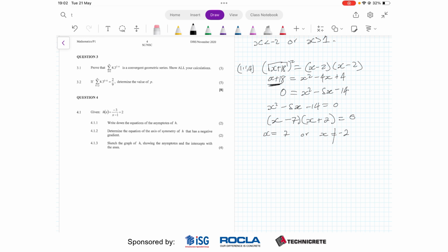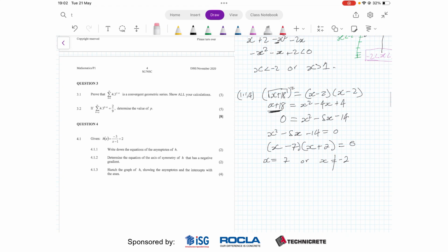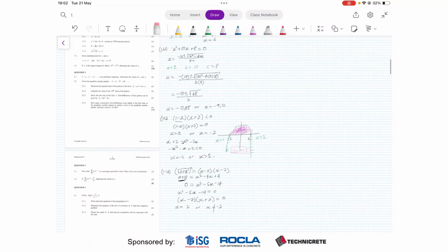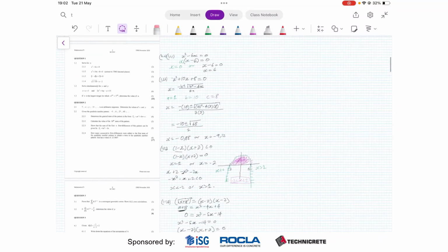Just put that in your calculator, substitute in the value of x, and you will see that x equals minus 2 does not hold for this equation.